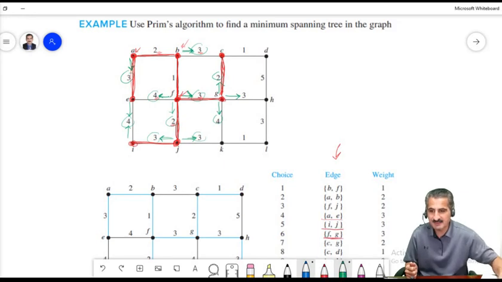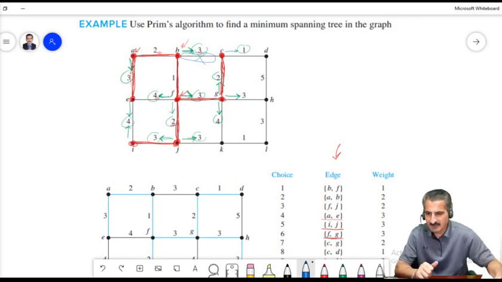I can see from the vertex C an edge of weight 1. I will not choose this anymore. This edge will not be chosen anymore, because if I choose it, I will make a circuit and then I have no tree anymore. Okay?